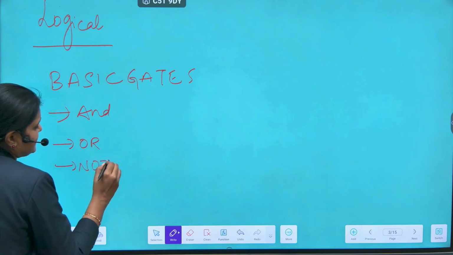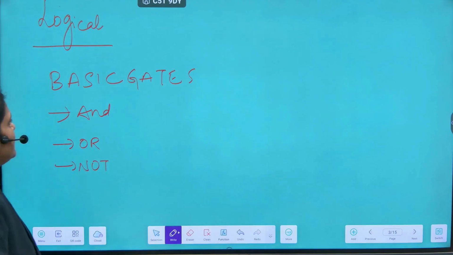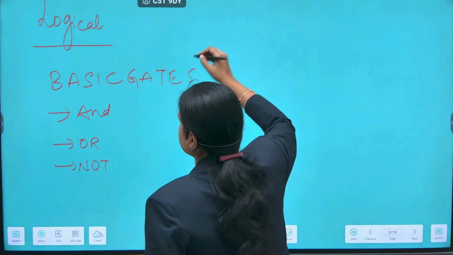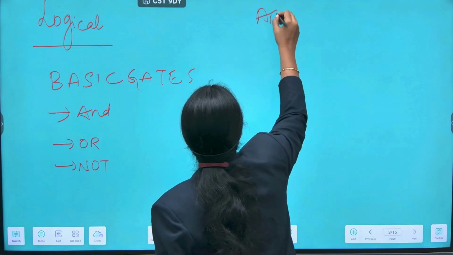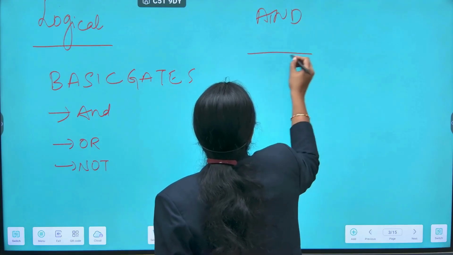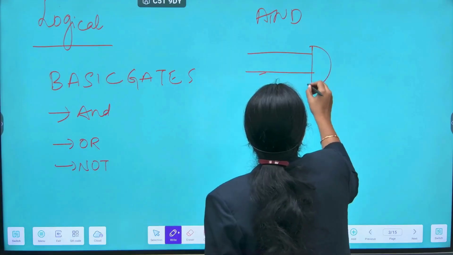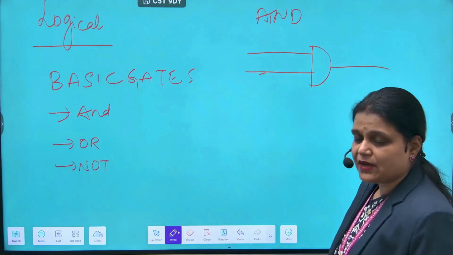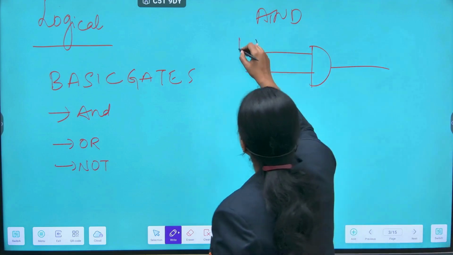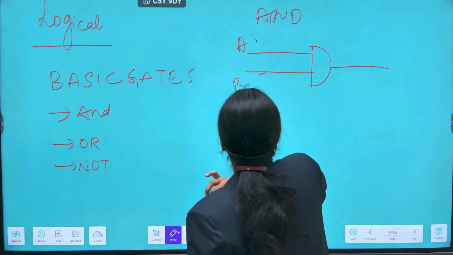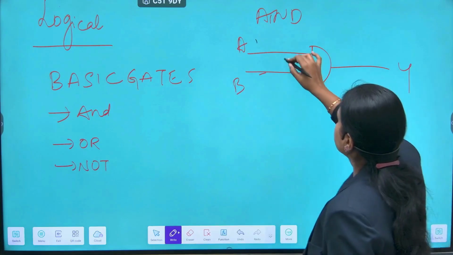These are the basic gates. So let's look into the gates. AND is denoted by this gate that we are using. We can have n number of inputs and only one output.